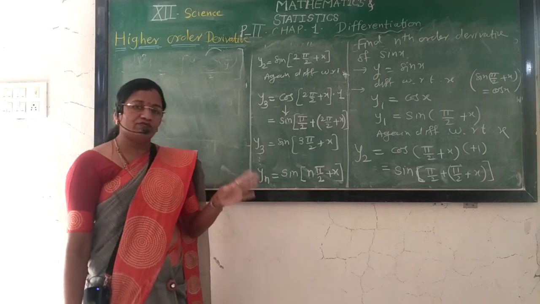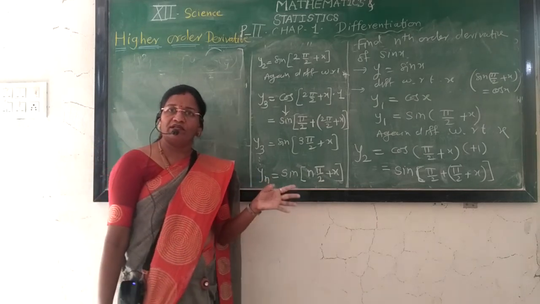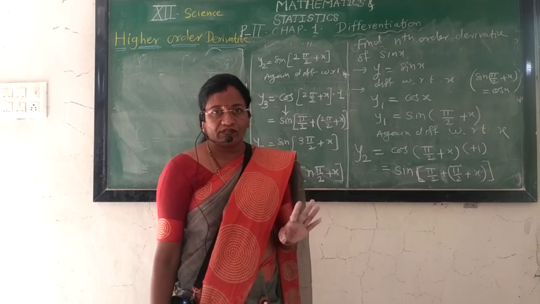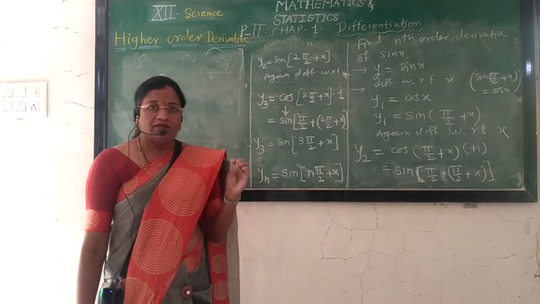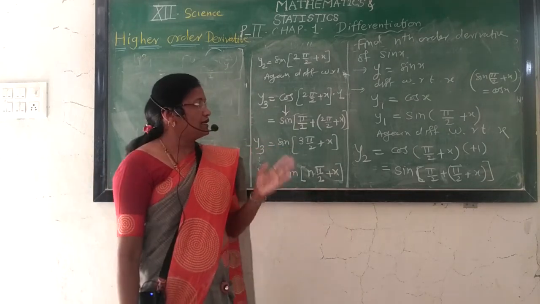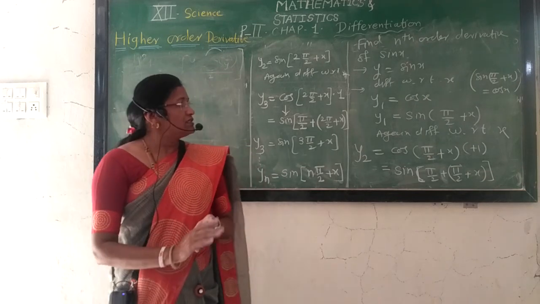But every time we can use the derivatives of trigonometric, exponential, algebraic and logarithmic functions. So you only learn these 12 or 13 rules and try to solve examples on this chapter.